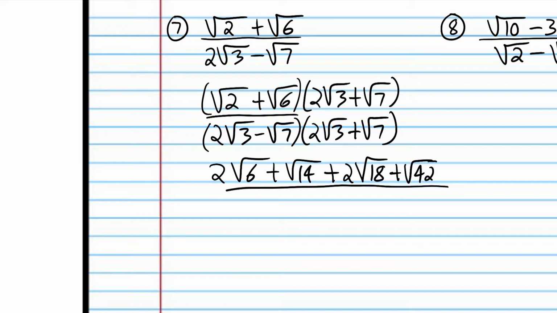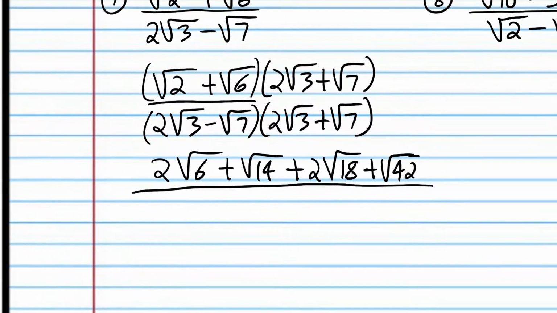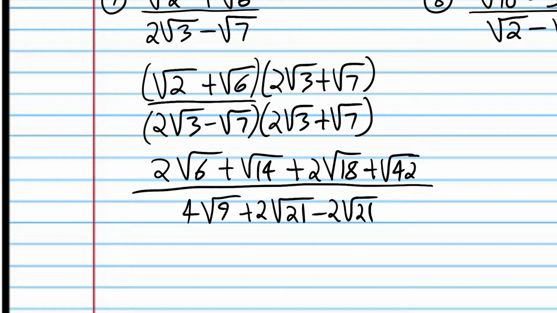Again, I'm skipping forward, I'm not showing the actual formula that we're using. In the bottom, we multiply, we get 4 root 9, and then plus 2 root 21, and then minus 2 root 21, and then minus root 49.